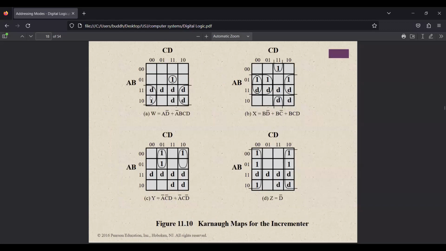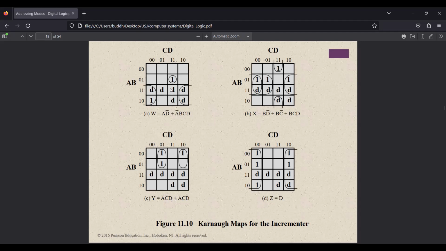And what we need to do is circle the ones, right? This is the way we can circle this one and this one, and this one as well.